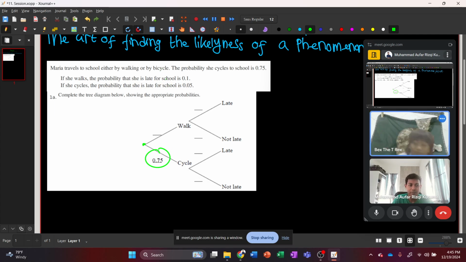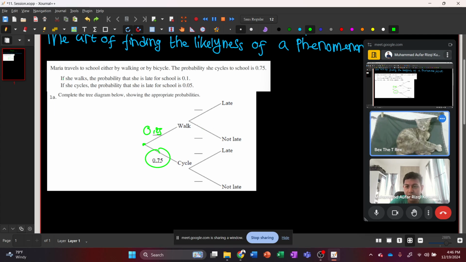So 1 minus 0.75 is 0.25, because the total has to be one. 25 to 75 is good. The same goes for the next cases.